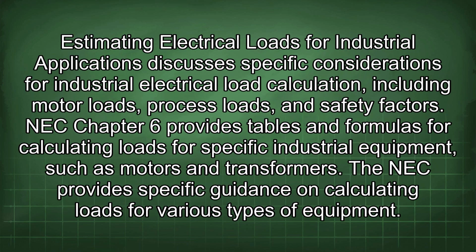Estimating electrical loads for industrial applications discusses specific considerations, including motor loads, process loads, and safety factors. NEC Chapter 6 provides tables and formulas for calculating loads for specific industrial equipment, such as motors and transformers. The NEC provides specific guidance on calculating loads for various types of equipment.